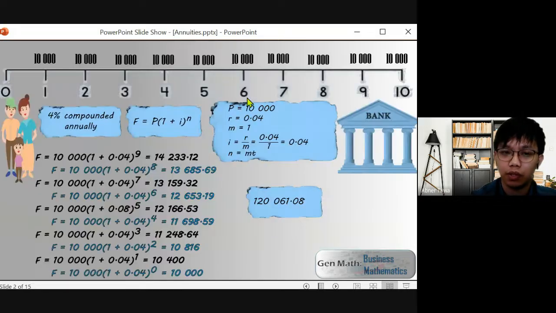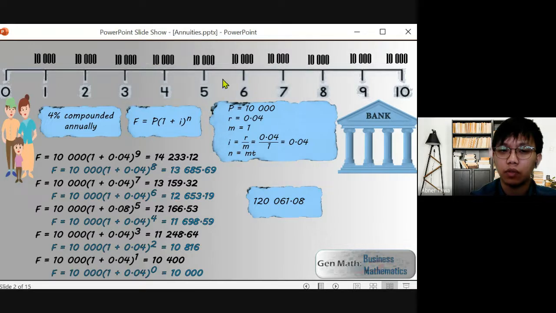In our example, what is the equal periodic payment? That is 10,000. And periodic payment means every year. If you observe, we use compounded interest. Therefore, for annuities, the interest is always compounded. So this is a situation that shows annuity.